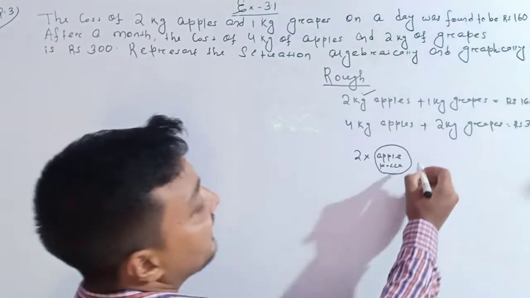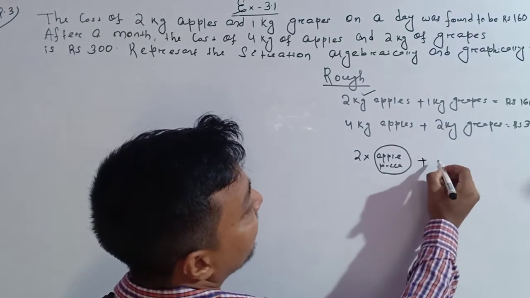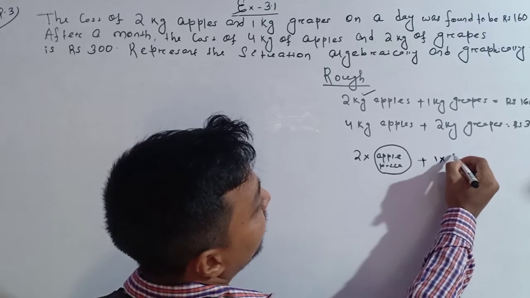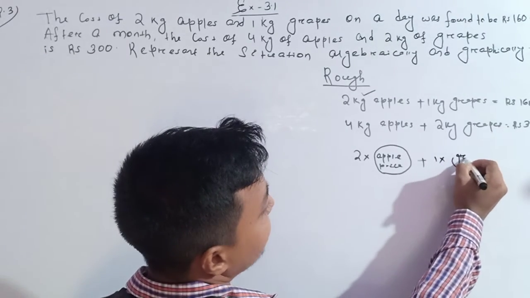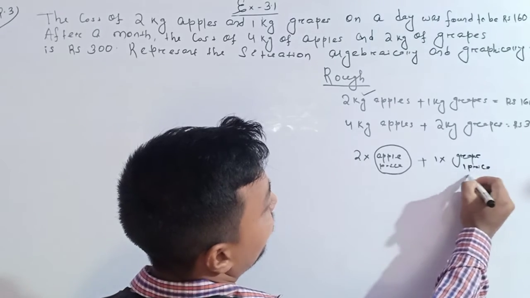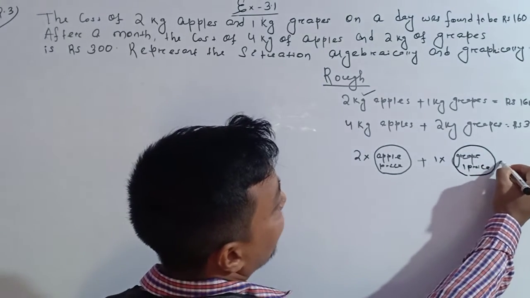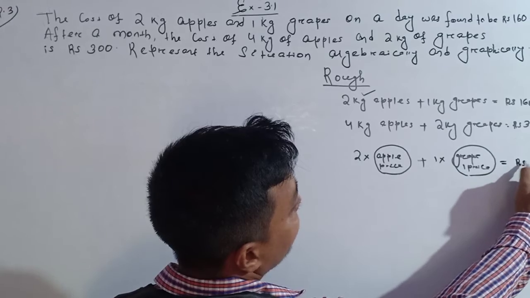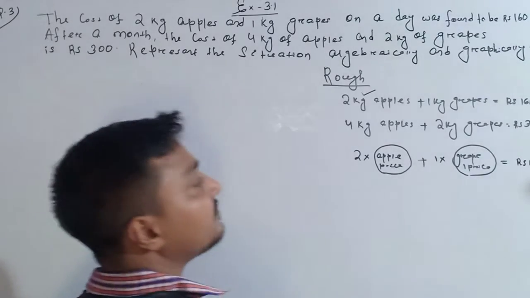And another one: it is given that 1 kg of grapes. It means 1 into the price of 1 kg of grapes. So the total is equal to rupees 160.